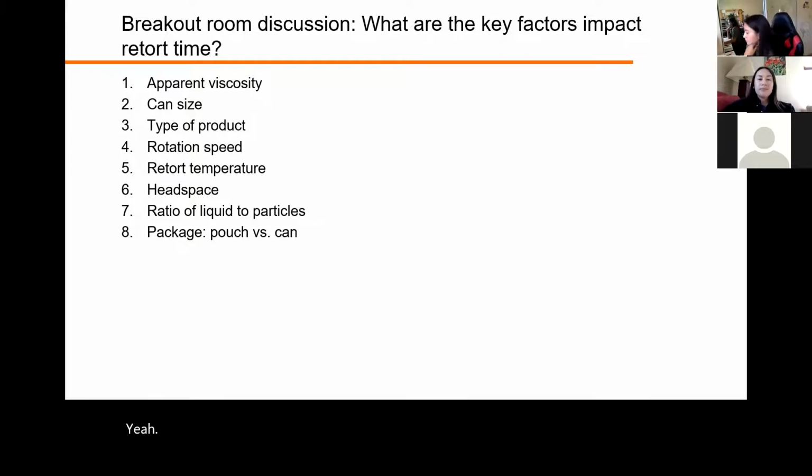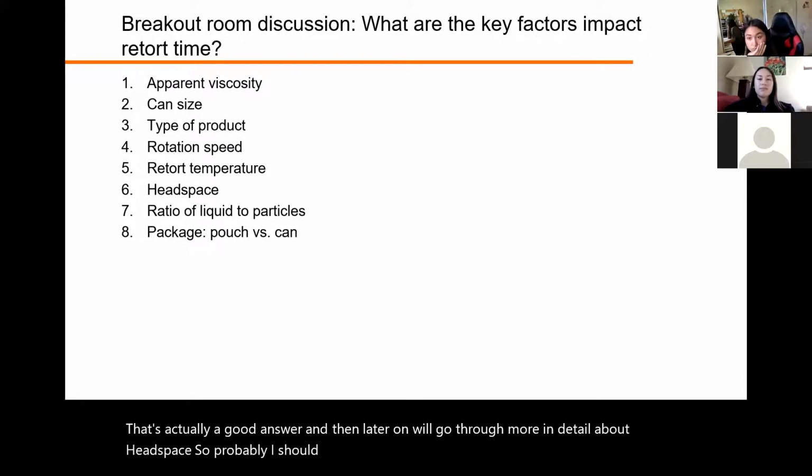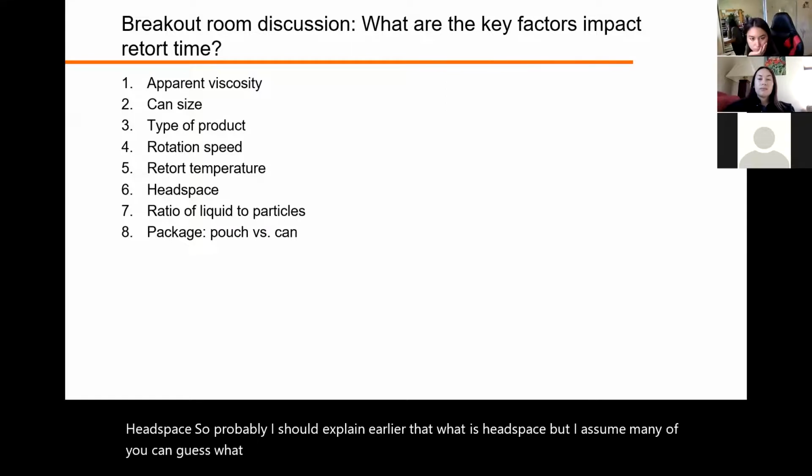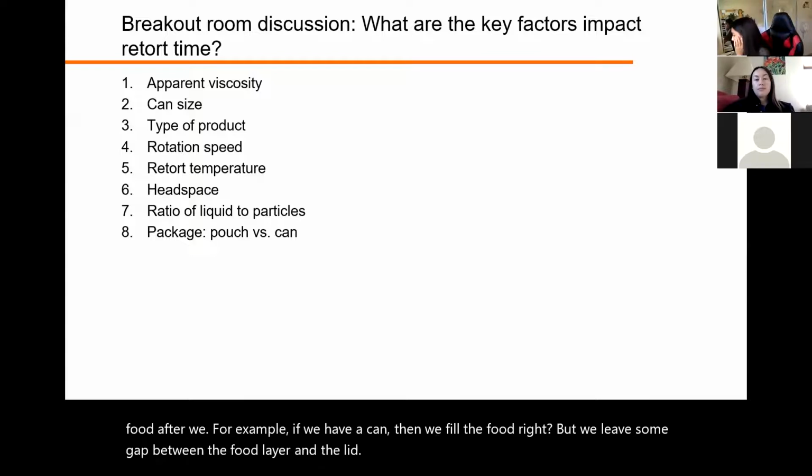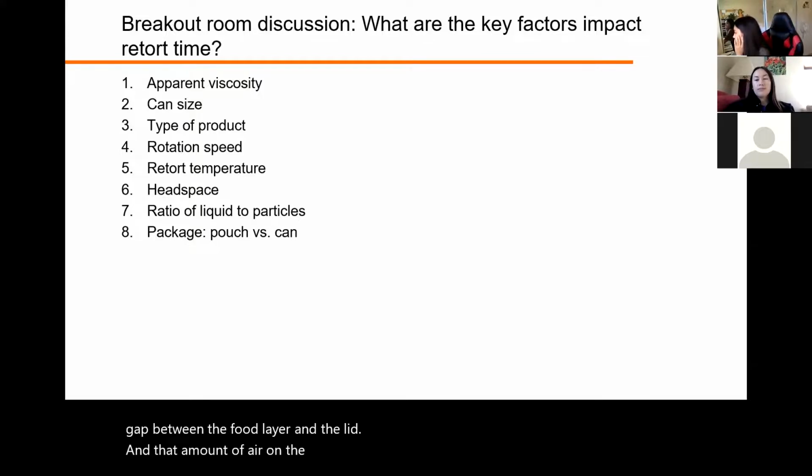That's actually a good answer, and later on we'll go through headspace in more detail. Probably I should have explained earlier what headspace is, but I assume many of you can guess. Headspace is the amount of air above the food. For example, if we have a can and we fill the food, but we leave some gap between the food layer and the lid, that amount of air on the top is called headspace.